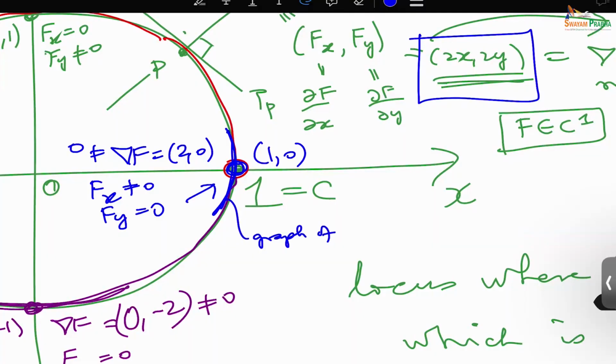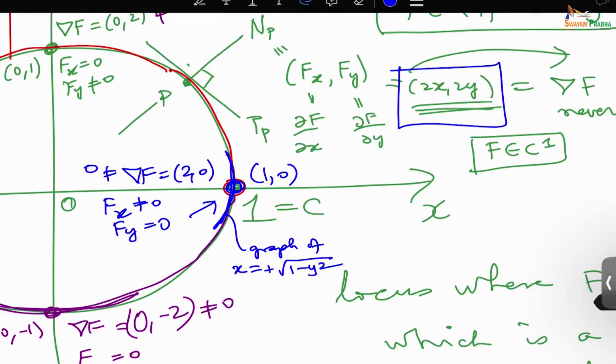It is still the graph of x is equal to positive square root of 1 minus y squared. I can still write it as the graph of a function of one real variable. And where is this valid? Mind you, this is valid on the right semicircle, except for the points on the y-axis.